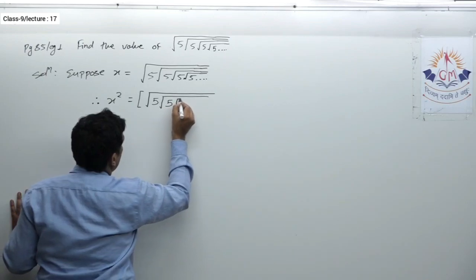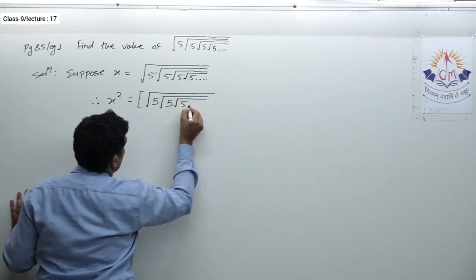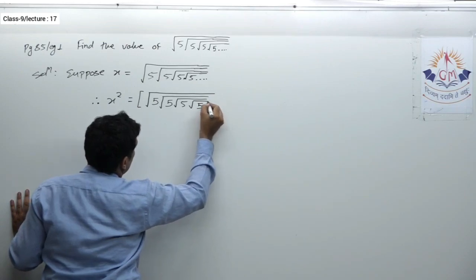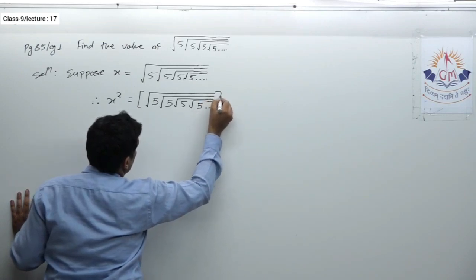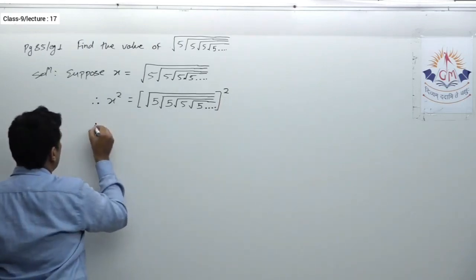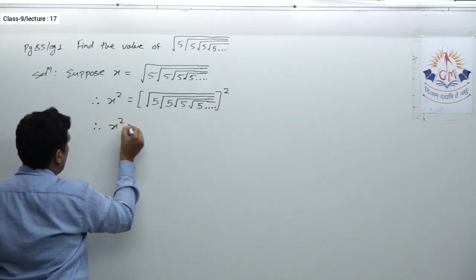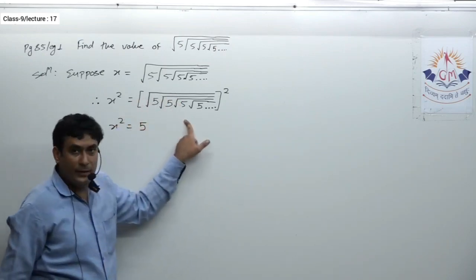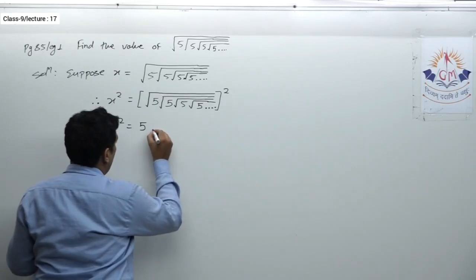Squaring both sides in this way. So when I square both sides, I get x square is equal to 5. This square root sign will cancel out, remaining will be as it is.